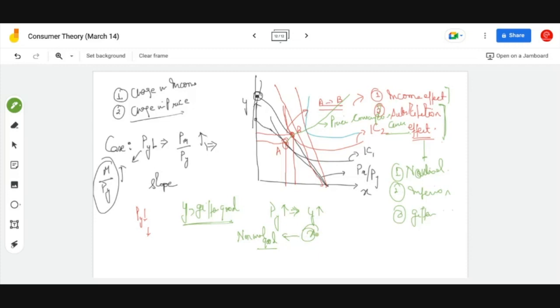So consumption of X will increase or it will decrease? It will decrease. Why do we increase the consumption of good Y when the price of good Y is increasing? Why don't we decrease the consumption of good Y when the price of good Y is increasing?